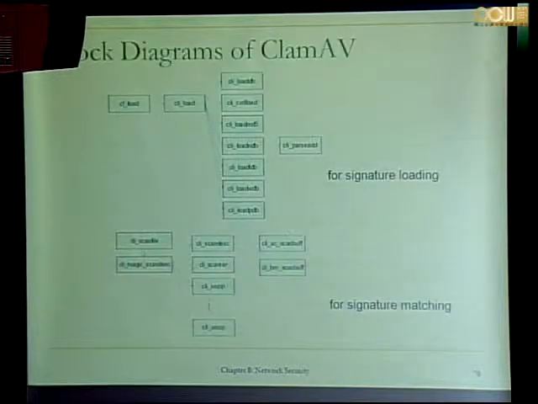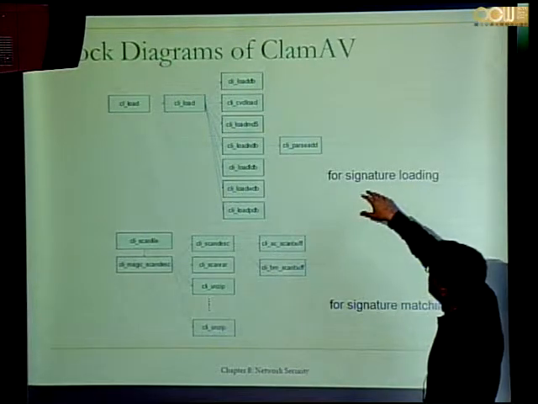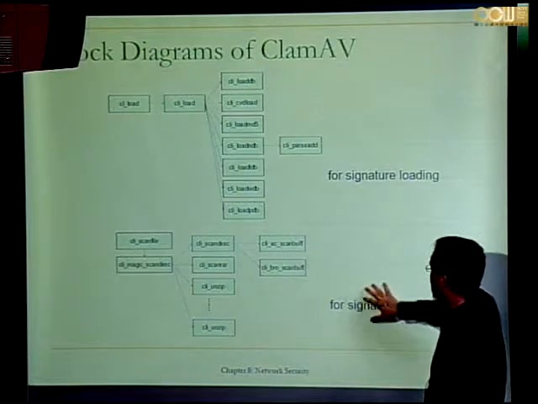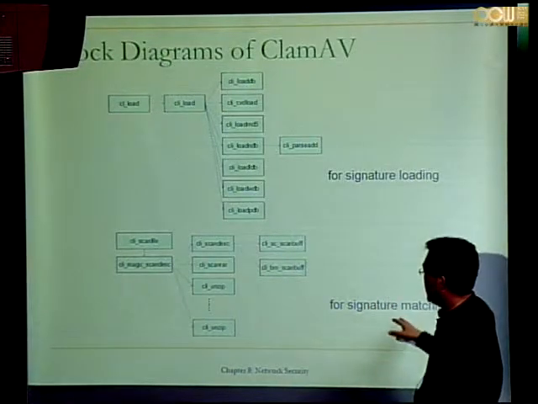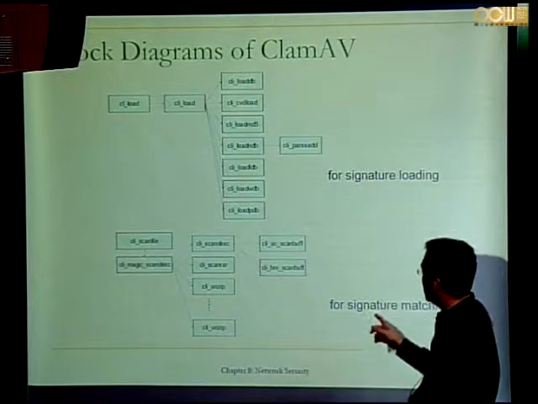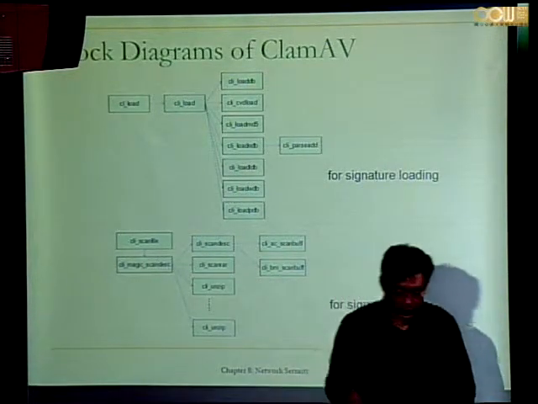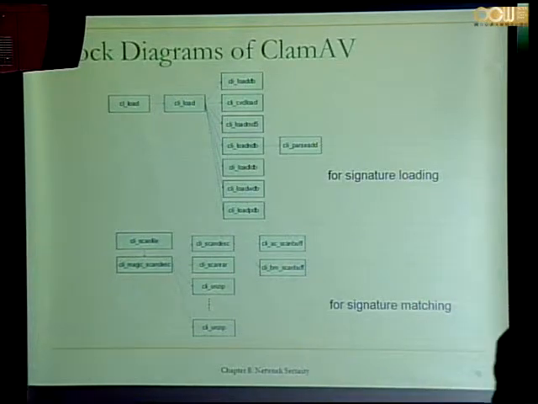Then they need to do signature matching. In ClamAV, they load the signatures from different files, and then at runtime, when a packet comes, they scan the application payload to look for signatures.